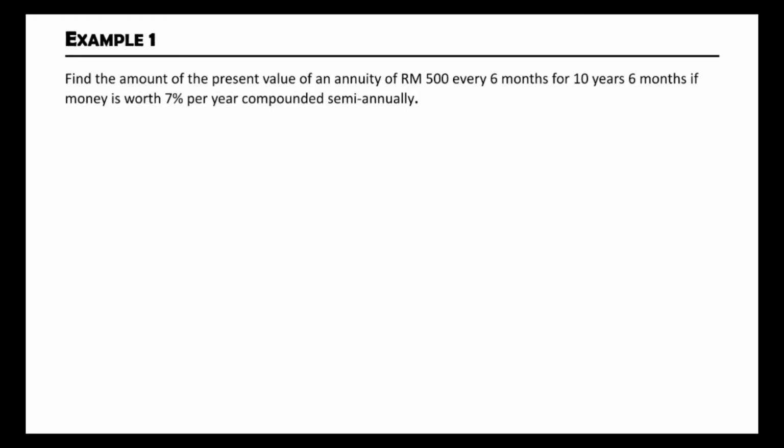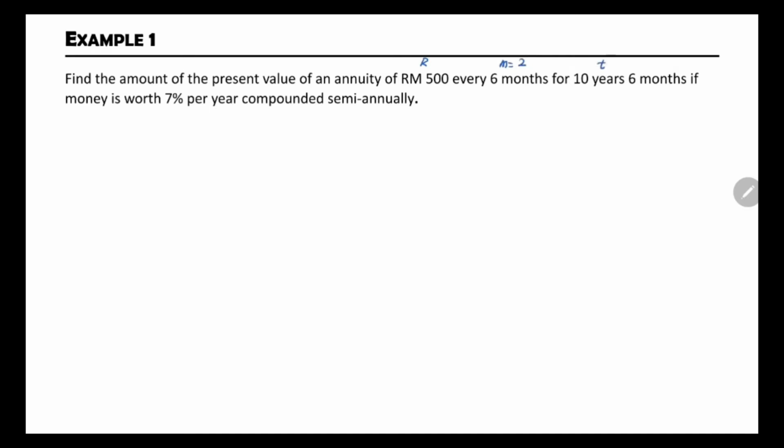Example 1. Find the amount of present value of an annuity of 500 every 6 months for 10 years 6 months if money is worth 7% per year compounded semi-annually. So in this case, we look for present value, where R is 500 every 6 months, compounding period m equal to 2, for 10 years 6 months.